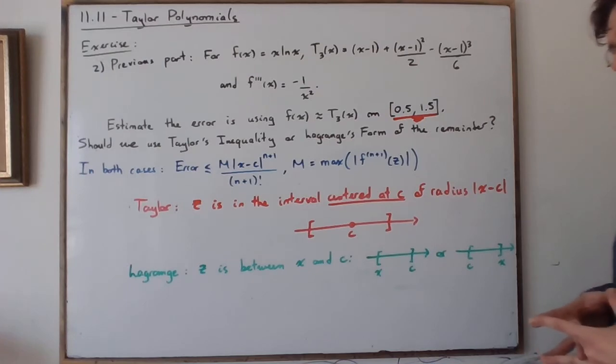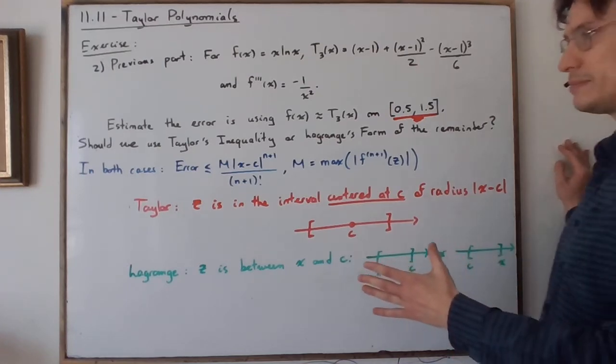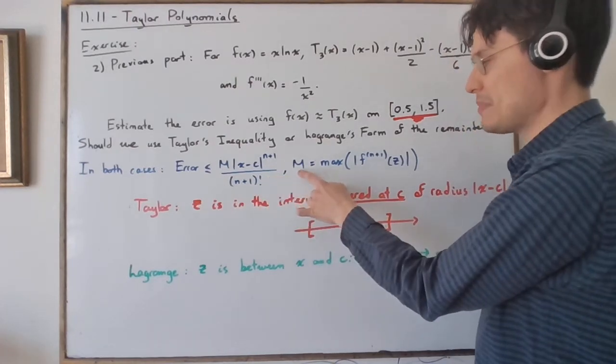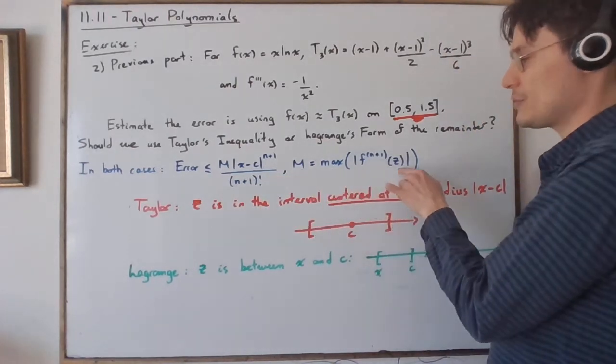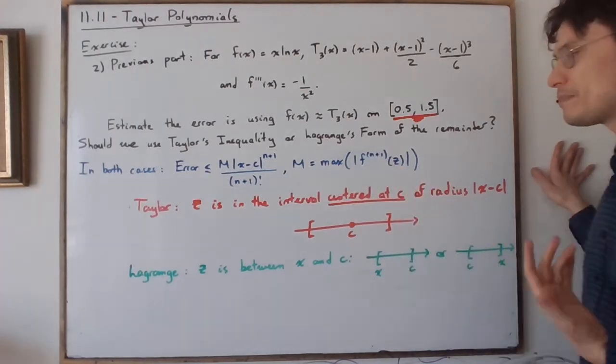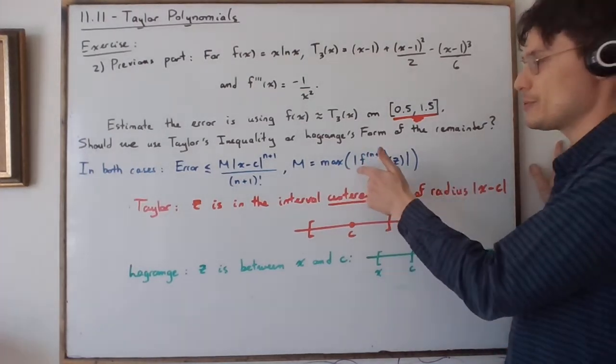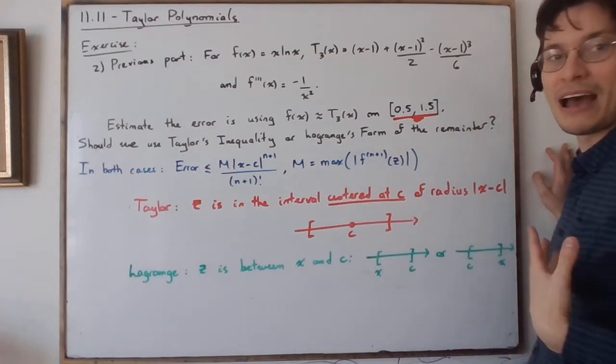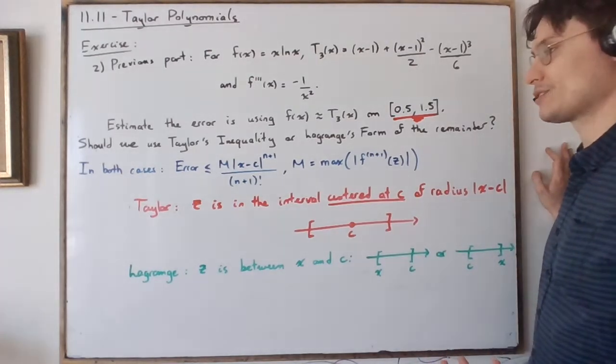The difference is that in both cases, the error will be bounded by this, where M is the maximal value of the absolute value of the n+1 derivative at some point inside the interval.